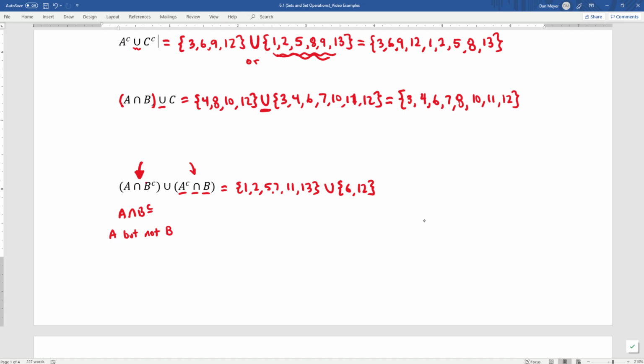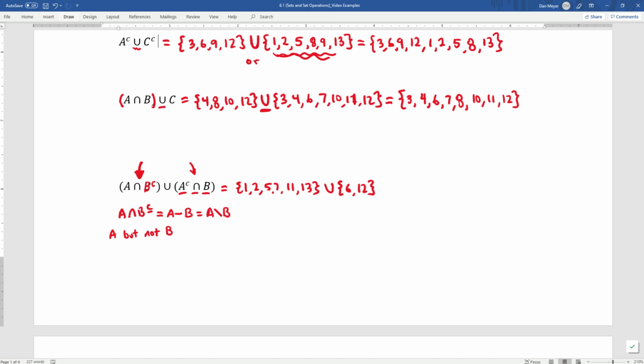I know it says B complement here, but we were more focused on B in that case. A, throw away B. And if you were to take this class at IUPUI, they have a special notation for this. A, throw away B, or another alternative notation, A throw away B. But that's not part of our class.